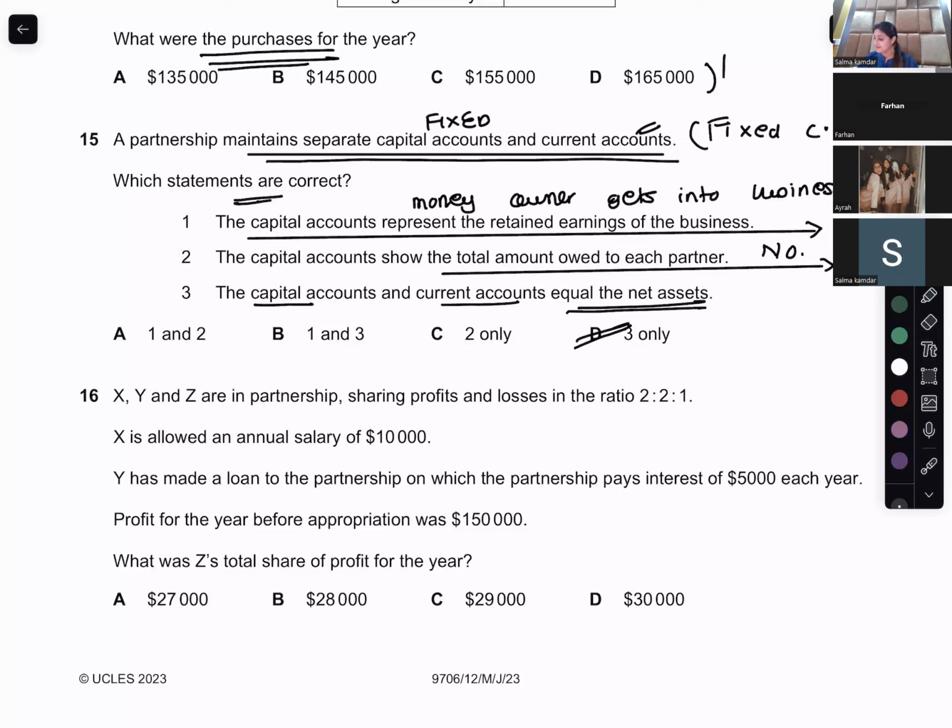So it's D. Net assets means the owner's equity, and owner's equity is the capital account balance plus the current account balance. So only D is correct.